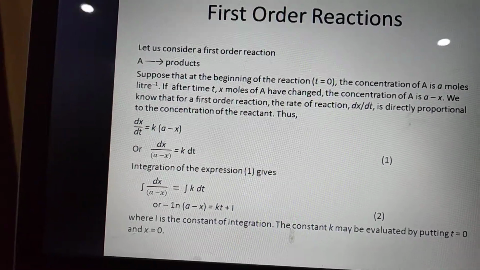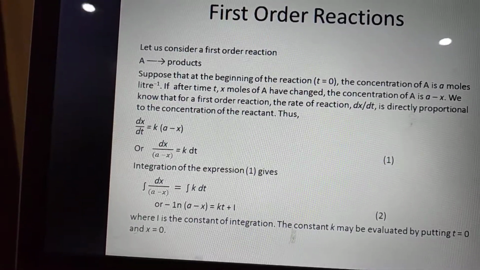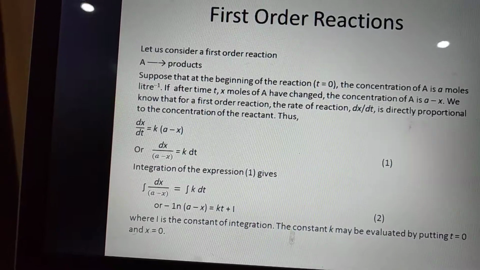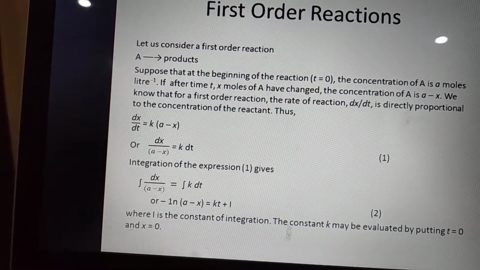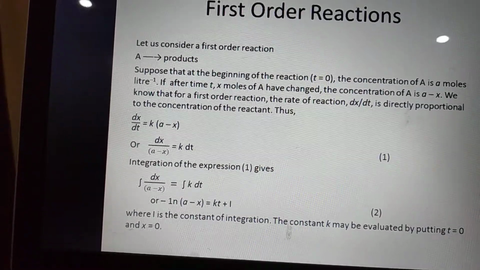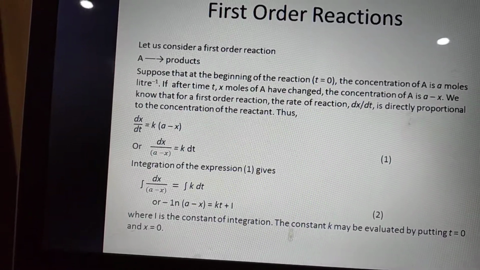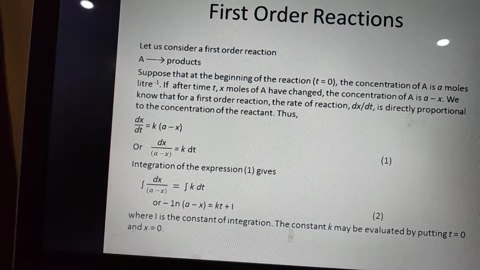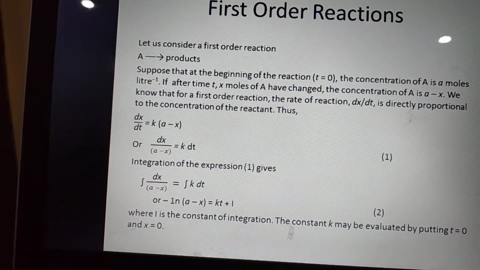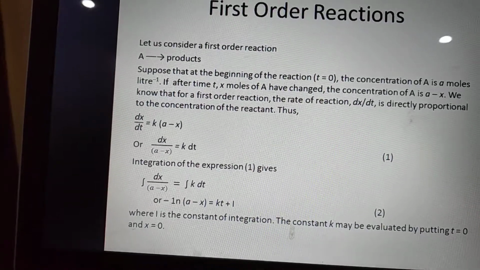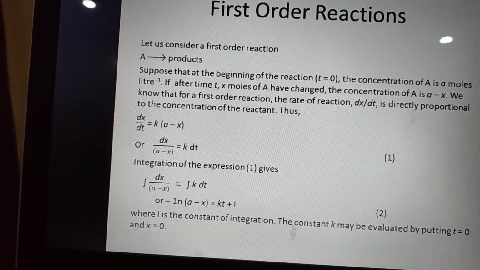If after time t, x moles of A have changed, the concentration of A is a minus x. We know that for a first order reaction, the rate of reaction dx over dt is directly proportional to the concentration of the reactants. Thus dx over dt is equal to k into (a minus x).